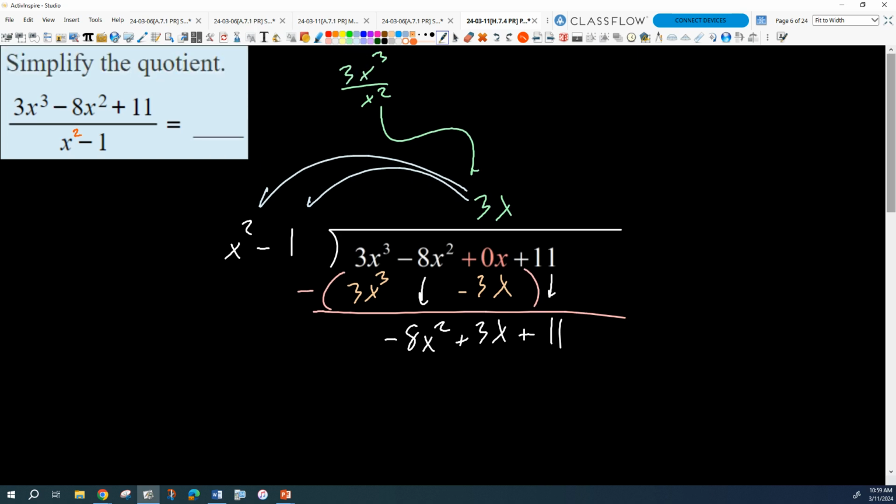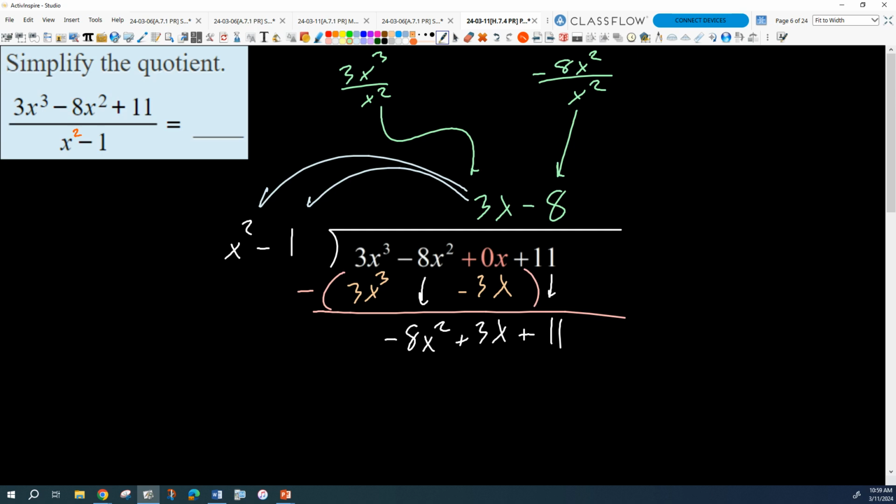Take out an 8. Negative 8. And where I get that is leading term inside divided by leading term outside is negative 8, right? Make sense? Okay, questions?